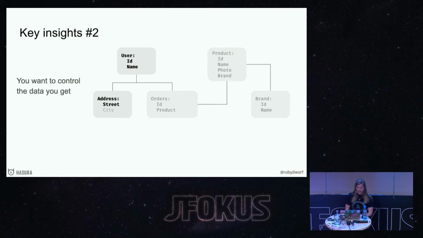The other key insight is that the front-end developers or the API consumer, it can also be another service, controls what data they get. So me as a front-end developer, I say from the user, I want to have only the name and nothing else. And then this is what I will get. And this is a little bit different to the kind of traditional architecture, because the front-end developers are not anymore dependent on what resources or endpoints the backend developer will give them.